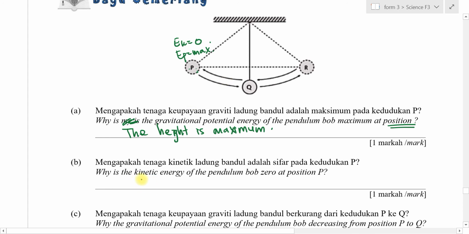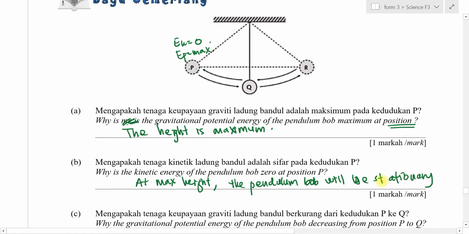Because at maximum height, the pendulum bob will be stationary. Stationary means did not move. Will be stationary. So dalam kurungan V equal to kosong ms. Okay, the speed is 0 lah.